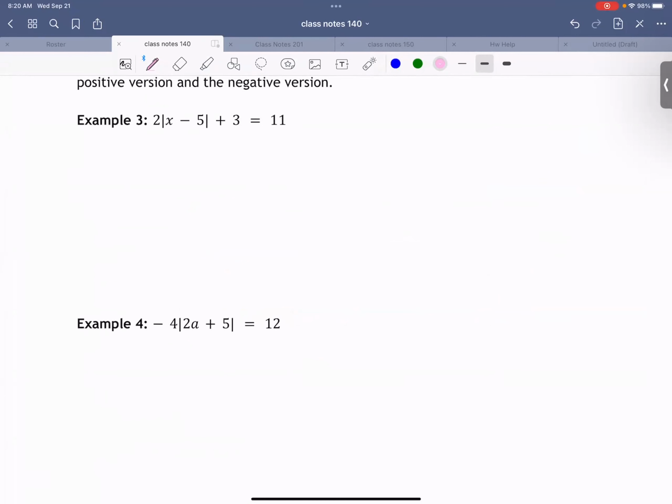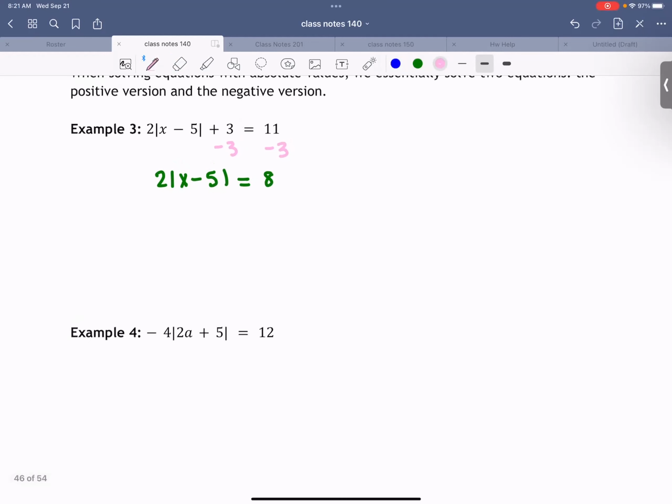The first thing I would do is I want to get the absolute value by itself, because that's kind of like the hardest part of the question. Let's try to isolate it and see what we can do. So I'm going to subtract 3 on both sides to get 2 times the absolute value of x minus 5 equals 8. Then 2 is being multiplied by the entire absolute value, kind of like parentheses, so I'm going to divide by 2.